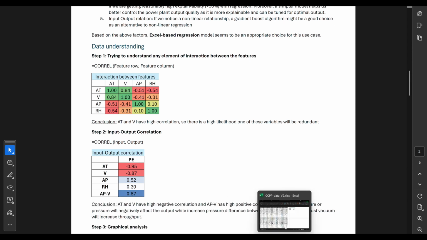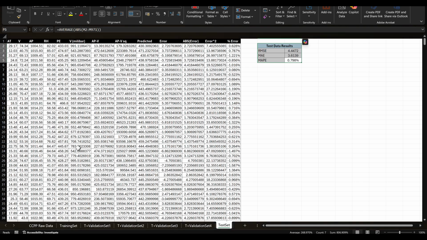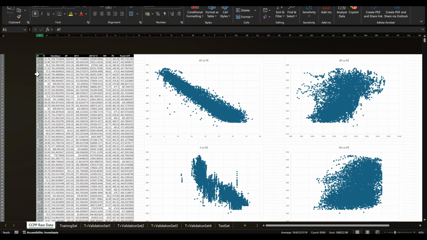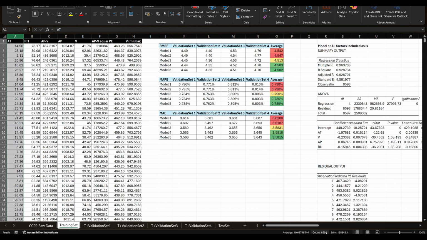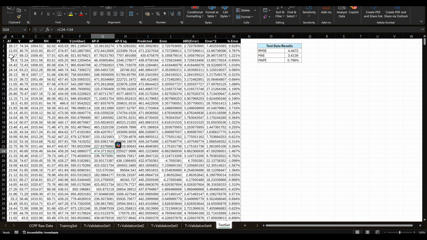Now, to go into the evaluation process, we look at the data that we have. So we have 9,568 data points excluding the header row, and we have divided this into a training set of 8,598 and a test set of 970 data points here in the Excel.